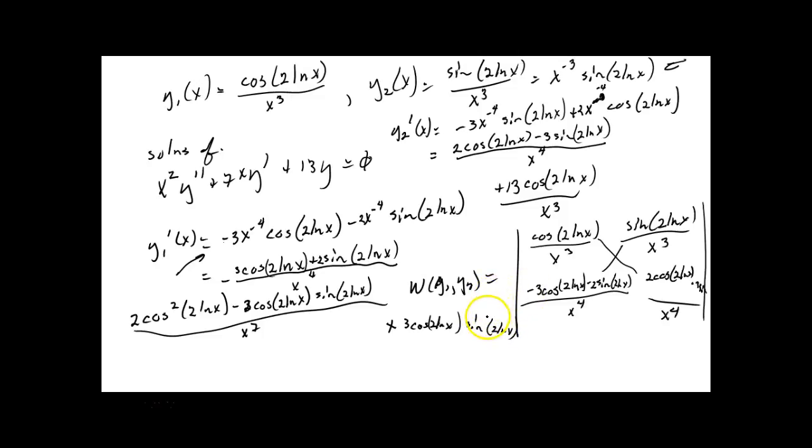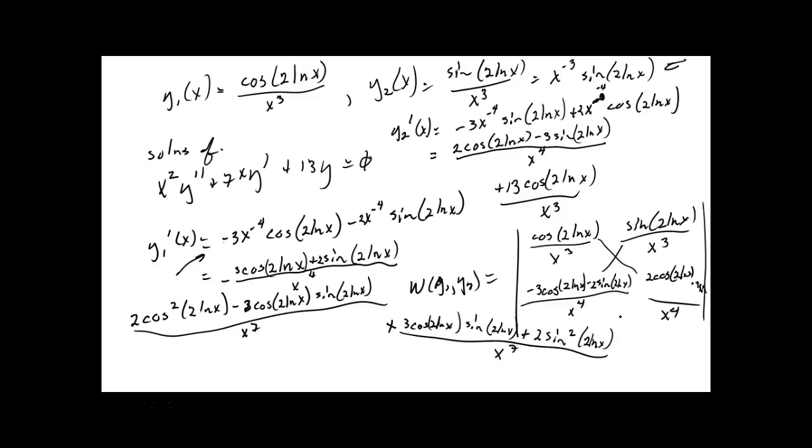Okay? And then the other plus 2 sine squared 2 log x. And all that is also over x to the 7th. Okay.